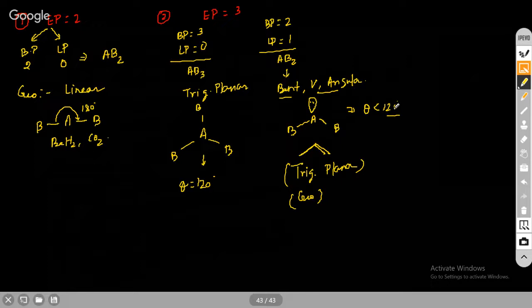Right? So like this, there are many other possibilities. When you have 4 electron pairs, then we have bond pair 4, lone pair 0; bond pair 3, lone pair 1; bond pair 2, lone pair 2, like this.